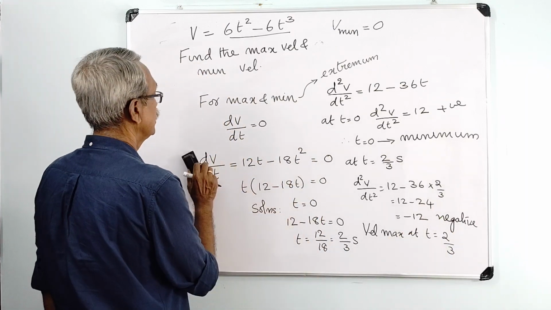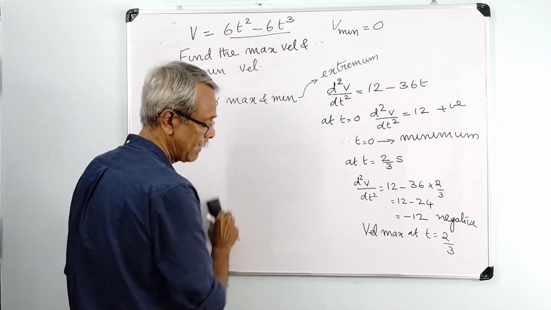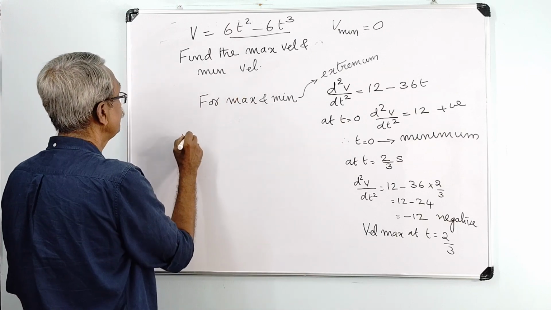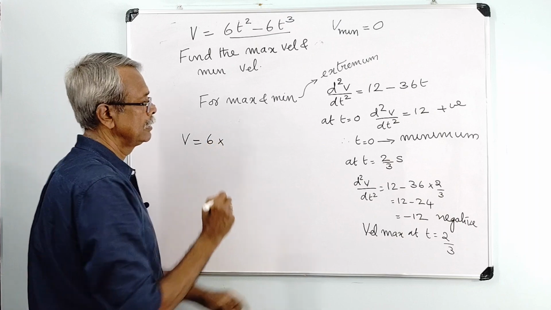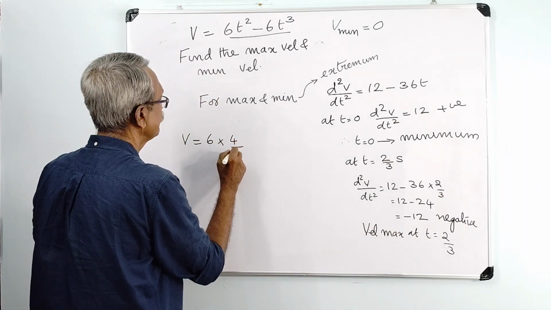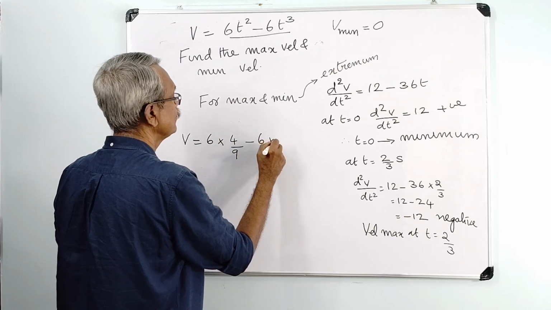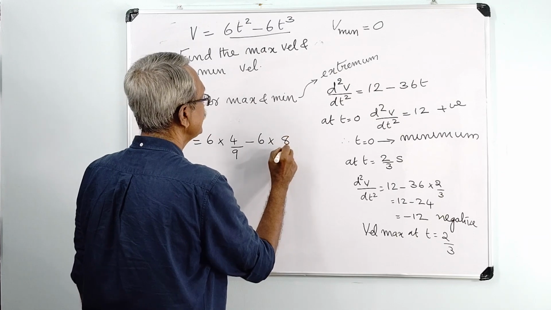Now we can work out the value of that. What is the maximum velocity? V is equal to 6 multiplied by square of 2/3, that is 4/9, minus 6 into cube of 2/3, that is 8/27.